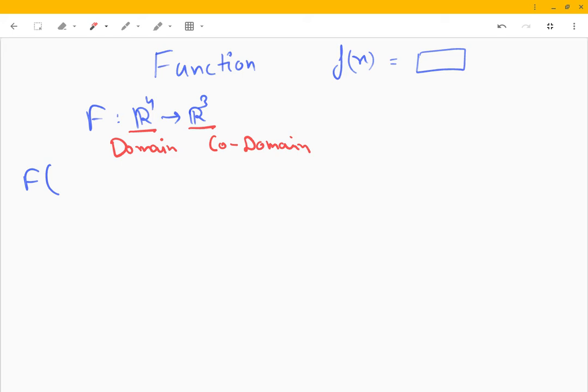Now, just like a function, if this linear transformation is one-one and onto, that means it is a bijection, then this will be the range.